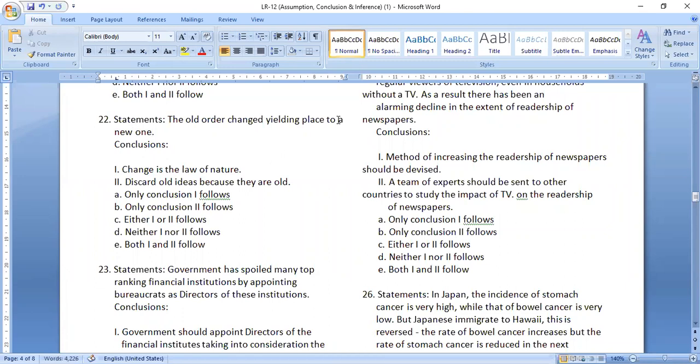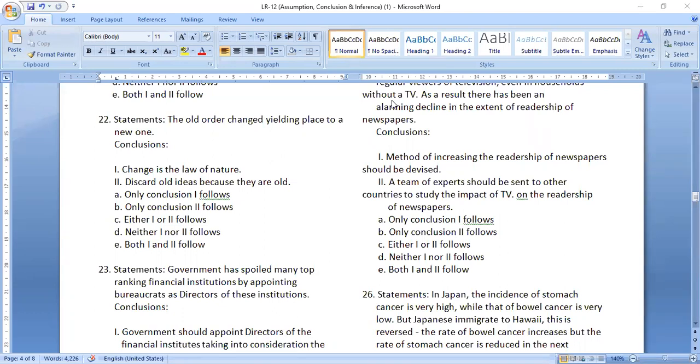So change is the law of nature. Yes, I think. I don't know. Yeah, that is true because see, the old order has failed and then we have a new order. So there has been change. So we can conclude, and it's yielding to a new one. You could say change. Discard old ideas because they are old.